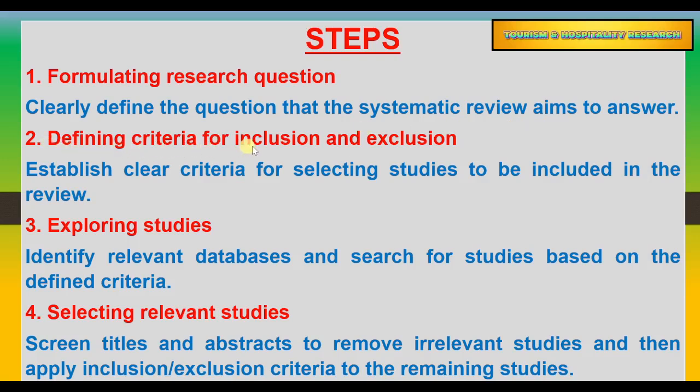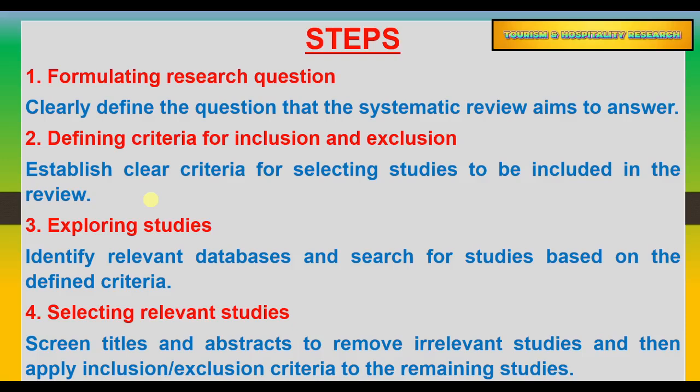Second is defining criteria for inclusion and exclusion. That is, establishing clear criteria for selecting studies to be included in the review. So which kind of studies do you want to include based upon the scope of your study? You can also select a particular number of years for studying that topic, and then you define that you selected the studies from, say, the year 2000 till 2025.